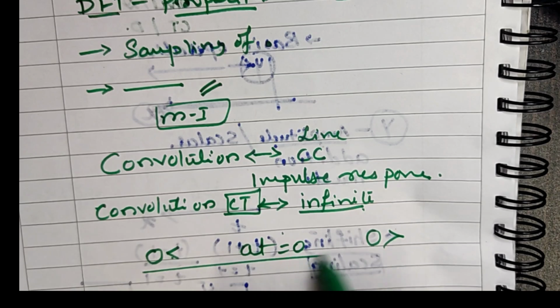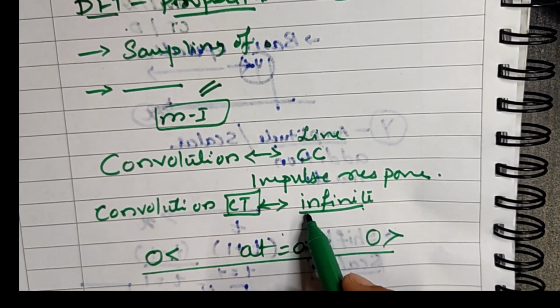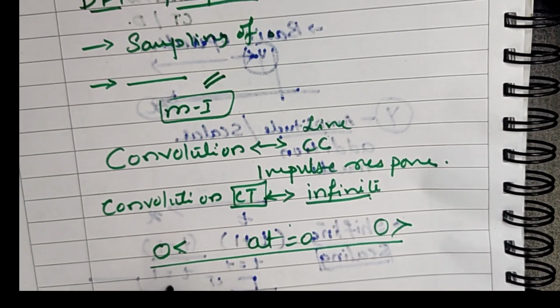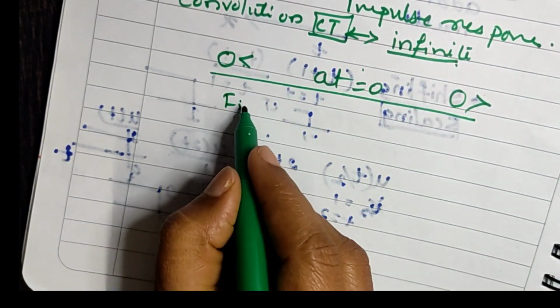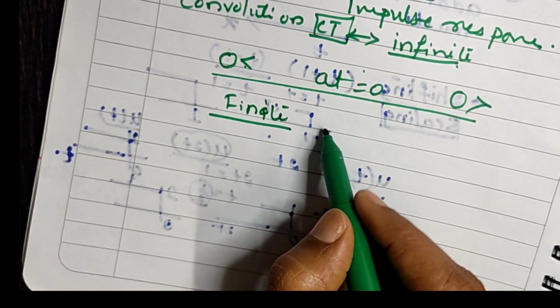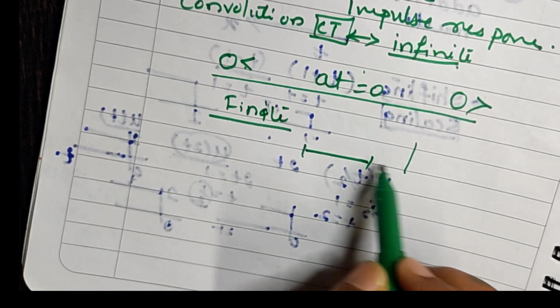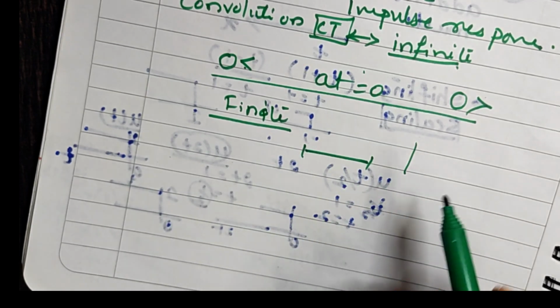So these 3 conditions only we get in infinite signals. Whereas in finite signals we have all the cases, since finite signals have definite intervals, a starting point and an end point, so there we have more convolution possibilities.